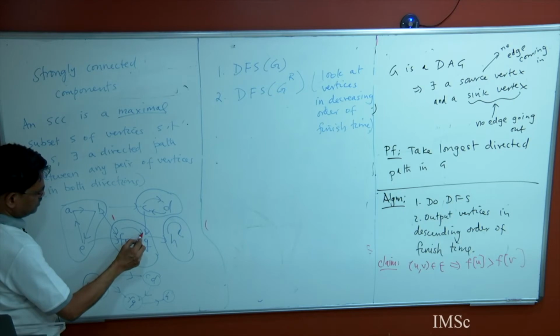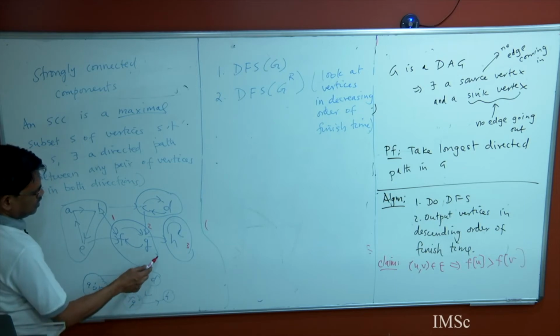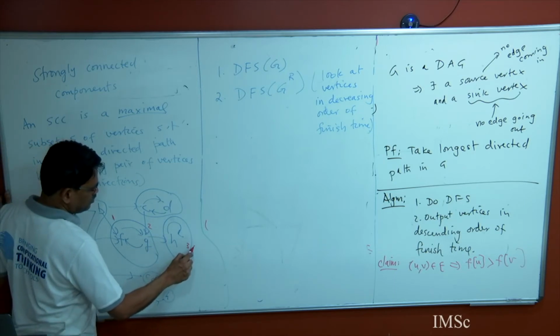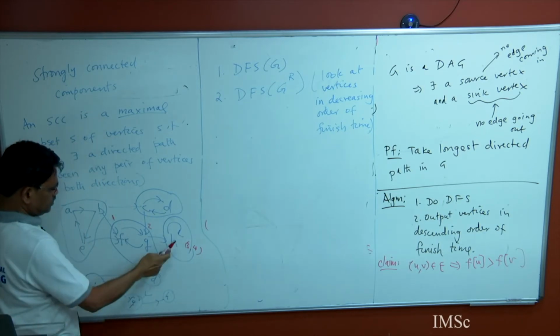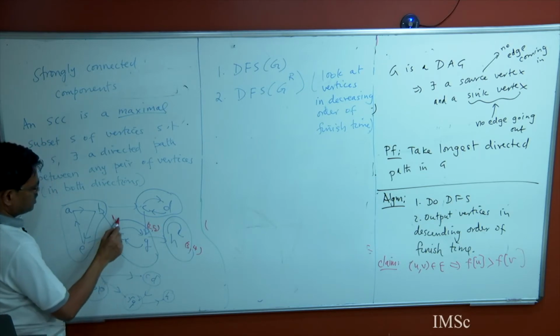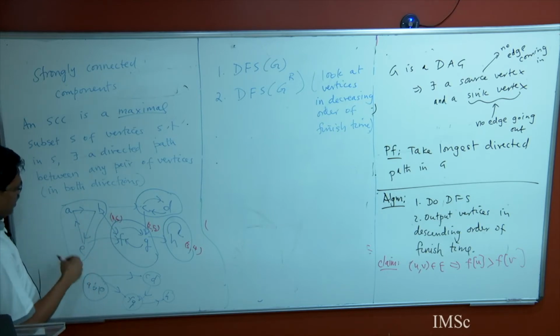Then I go to G, to H, time 3. And I can't go anywhere else, so I will finish. Come back to G, I can't go anywhere else, so I'll finish here. Come back to F and finish here. Then I pick some other vertex.